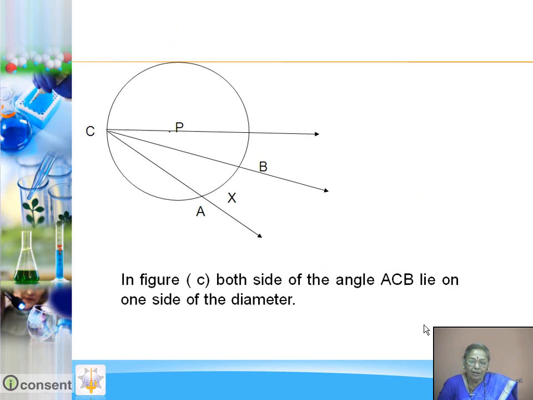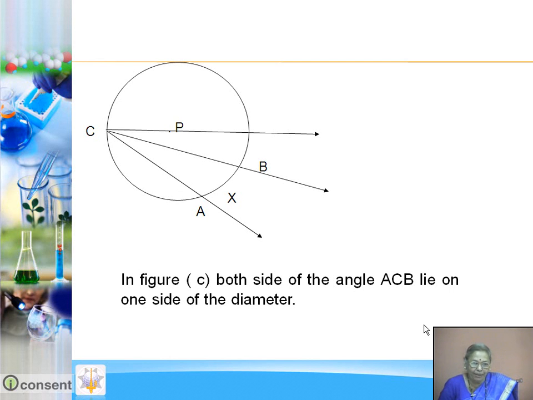You can prove that the inscribed angle is always half the measure of the intercepted arc. You can see the proof of this in your textbook.